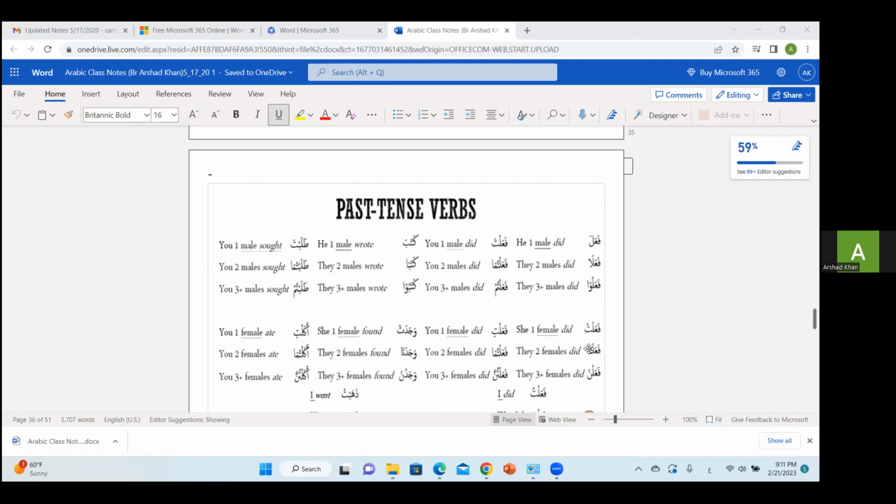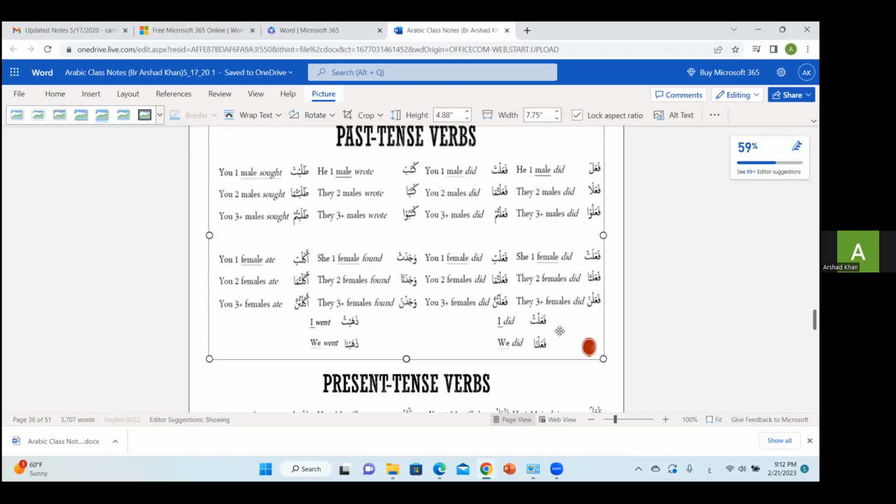If I want to say I went, I'll find an example here. Okay, I went will be dhahabtu. We went will be dhahabnā.